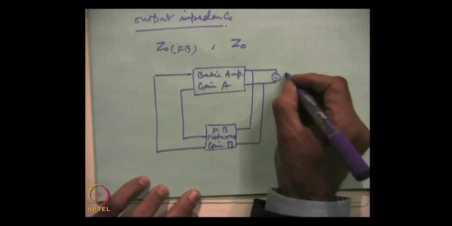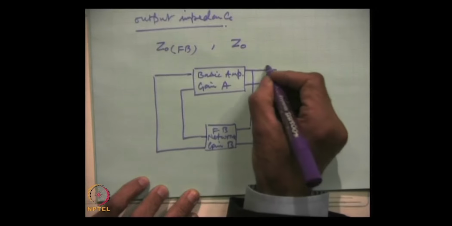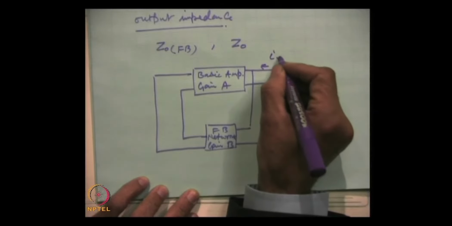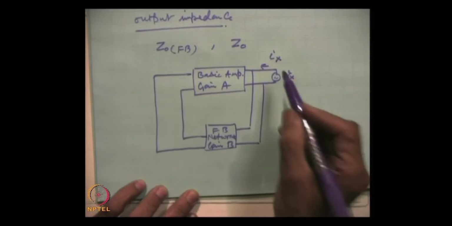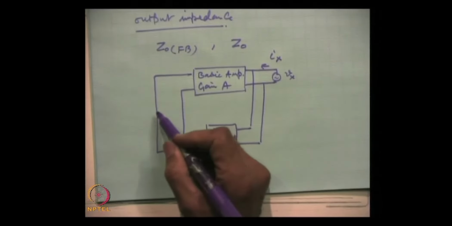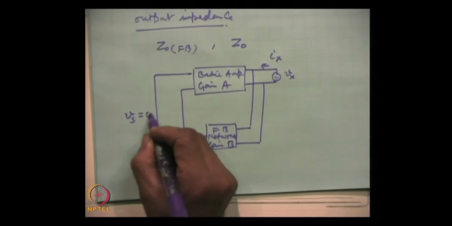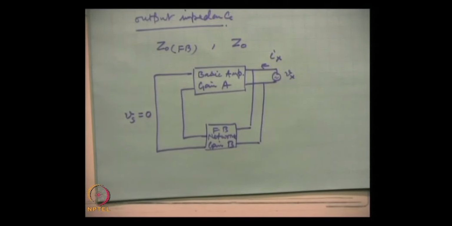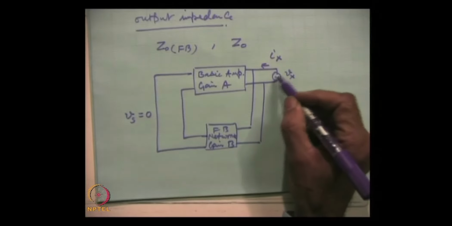This is a test voltage Vx which sends a current Ix. And remember, when we are talking of output impedance, then the input signal Vs is to be set to 0, and a test signal is connected at the output.